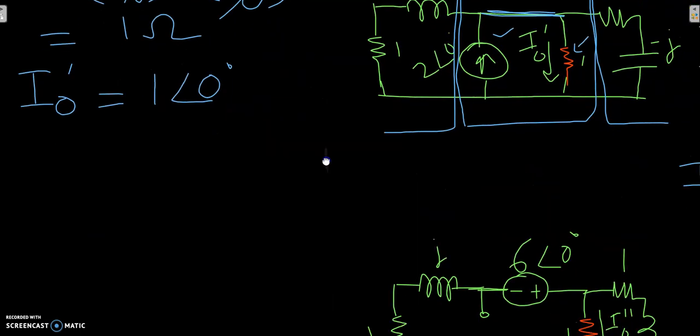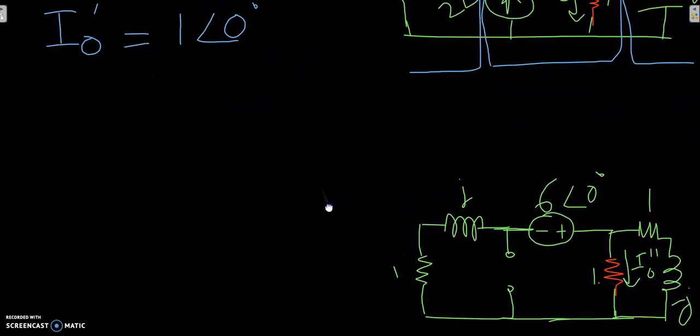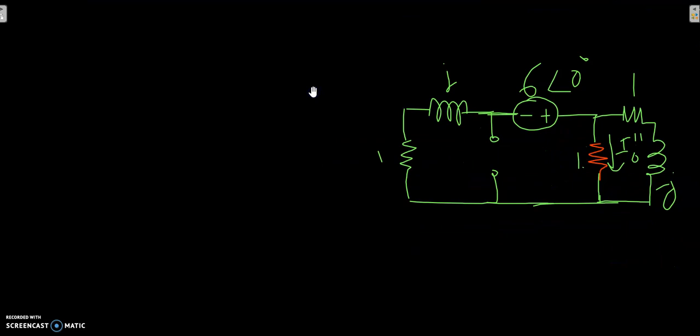Now the next step would be to find out I naught double dash, and we have to replace the current source by open circuit, and the voltage source will be there. So for this circuit, let me actually convert this.